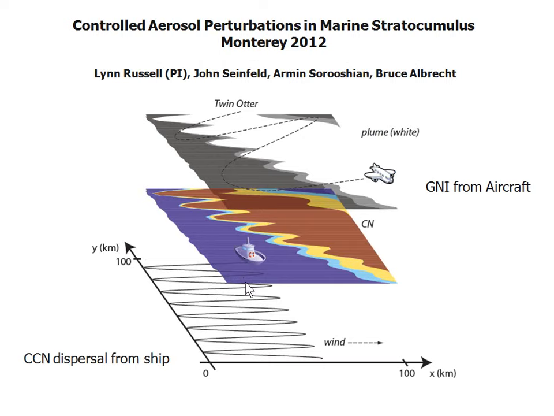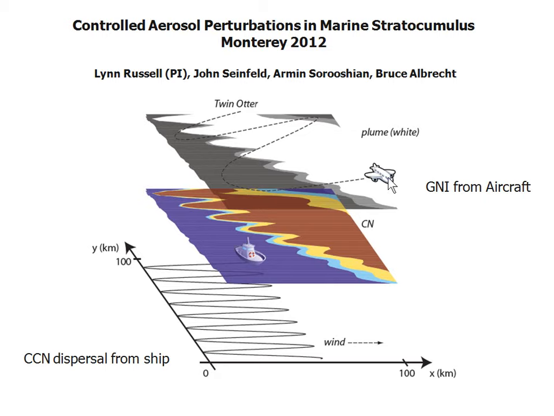The dispersal will be from a ship off the coast, and this picture indicates one of the ideas, which is to do a pattern like this. The Twin Otter will be the aircraft used. From the aircraft itself, we also have a way of dispersing giant nuclei, which I'll talk about in a little bit.